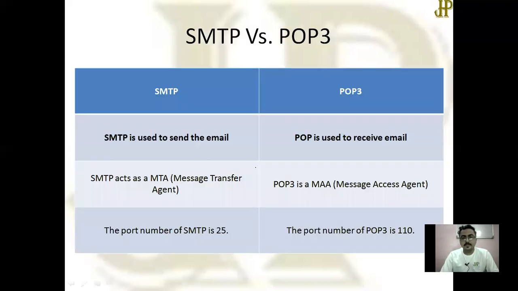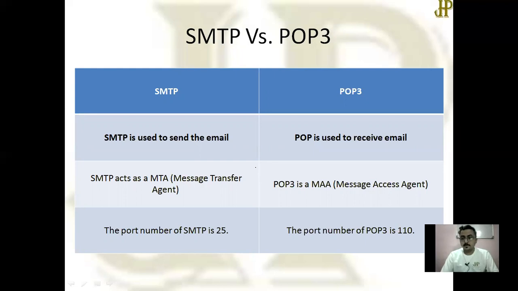So what is the difference? The major difference is that SMTP is used to send the email, while POP is used to receive the email. That's all. That's why SMTP acts as a message transfer agent, while POP is used as a message access agent.